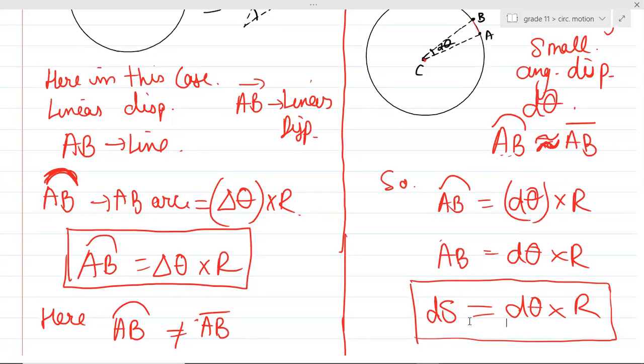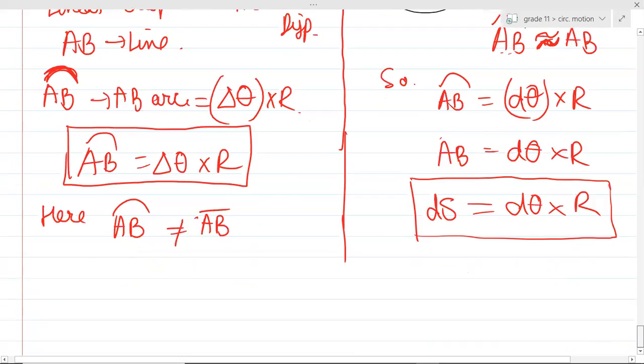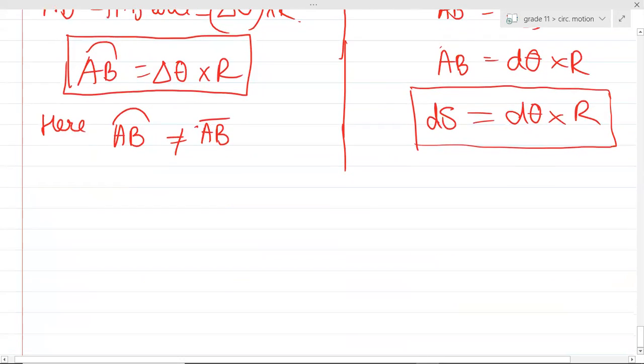Is this clear? The relation between linear displacement and very small instantaneous angular displacement.